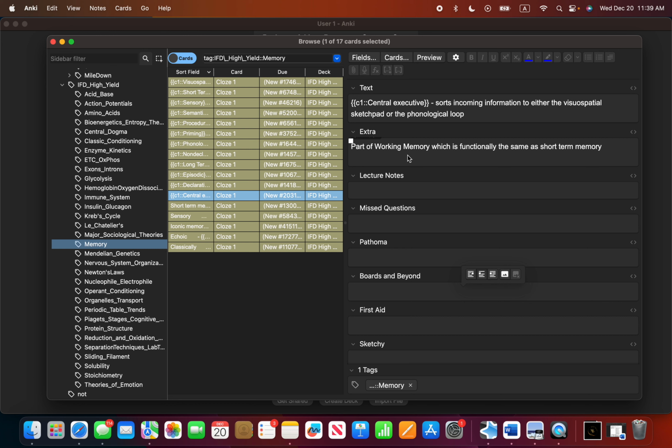And it is part of working memory, which is functionally the same as short-term memory.